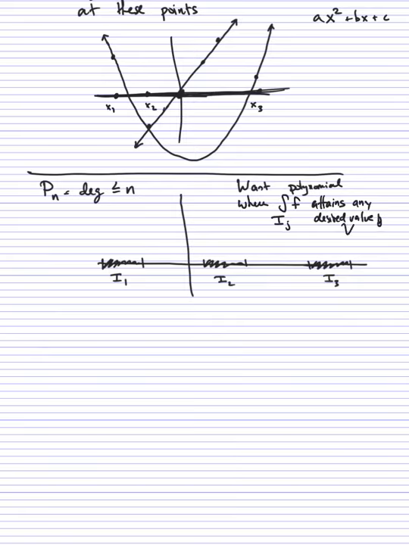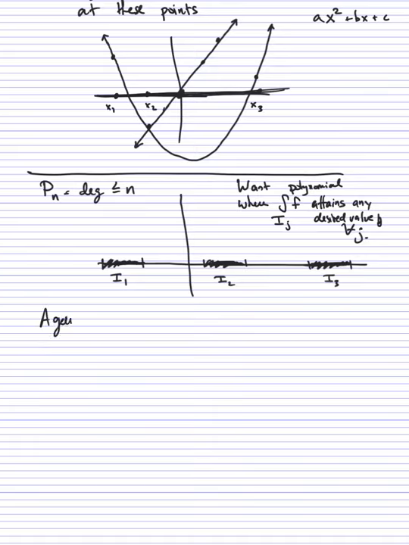In other words, you give me, if this is a quadratic, 3 numbers, A, B, C. I want a quadratic which integrates over the first interval to be A, the second interval to be B, the third interval to be C, okay?